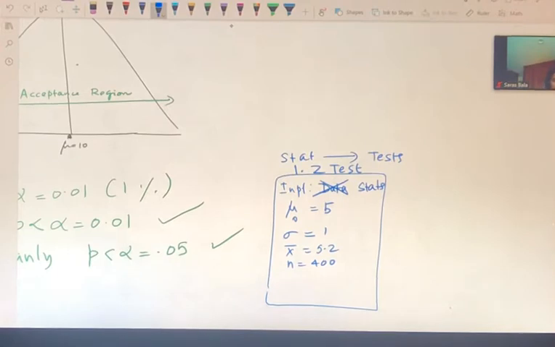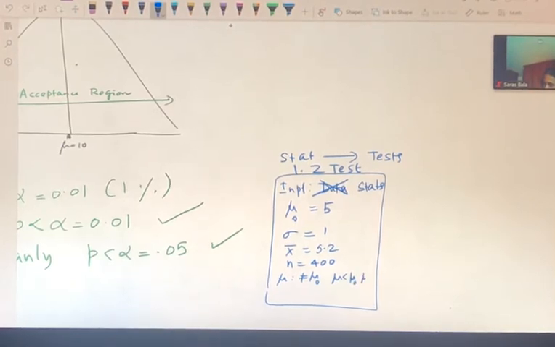And then my alternative hypothesis is going to be greater. So the options are mu not equal to mu sub 0, mu less than mu sub 0, and mu greater than mu sub 0. So these are all ruled out, and this is going to be the greater one, and then calculate.